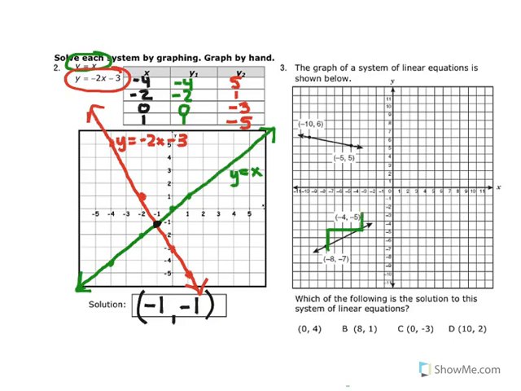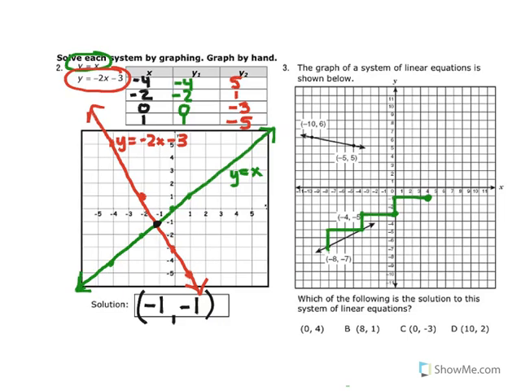But I'm going to continue to go up 2 over 4, place a point, and continue 2 over 4, place a point, and then I'm going to take this line and extend it like so.